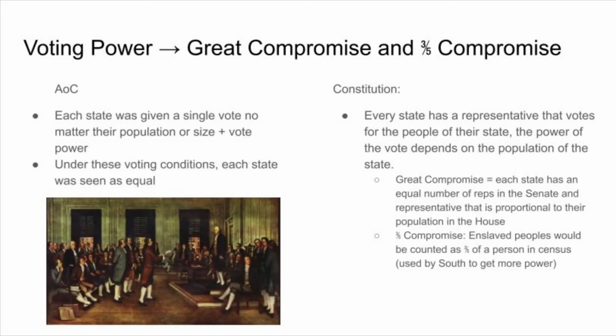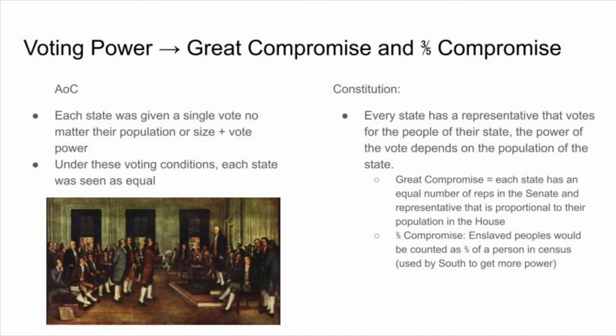Now we're going to be looking at the voting power and how it changed between the Articles and the Constitution. In the Articles, each state was given a single vote, independent of their size or population, to ensure equal representation between the states, and that no one state would mute or cancel out the opinion of another state. They changed this in the Constitution because the population densities began to change, and the North began to have a higher density, and the South was more spread out and had a lower density.